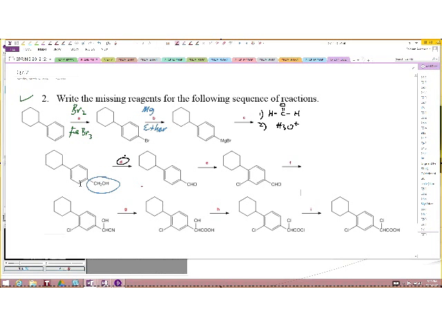What reagent do we need here? Dess-Martin, very good. Sometimes your book will refer to this as Dess-Martin periodinane, so make sure you have everything in there just in case.